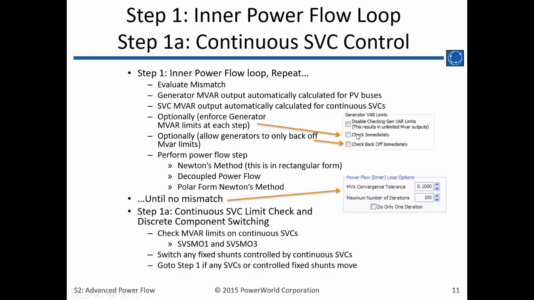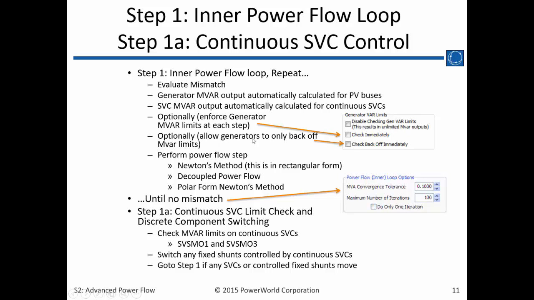If you instead check them immediately, it will actually try to move the VARs to within range first before it even tries to solve the power flow, and that might help you get to a solution, whereas leaving them outside their limits can cause problems. So we don't advise you checking that directly, but if you have trouble with a case solving when you first load it, and you notice that you have several generators whose VARs are violating limits when you first load the case, then you might want to check them immediately to try and help that.